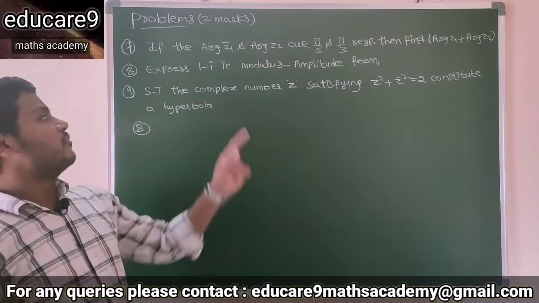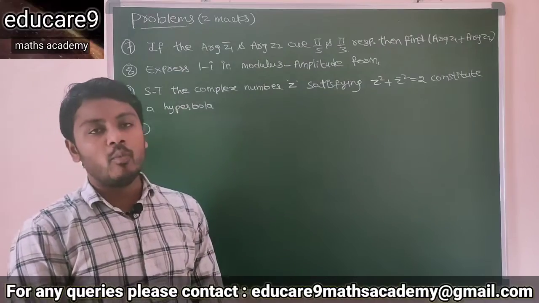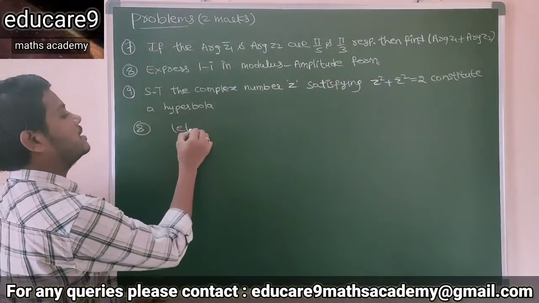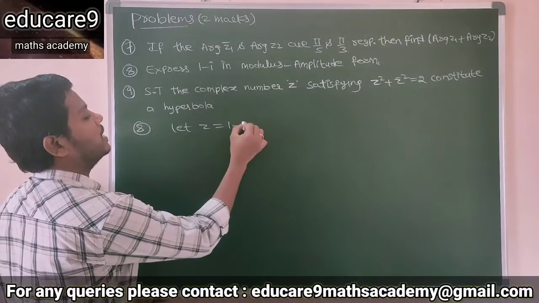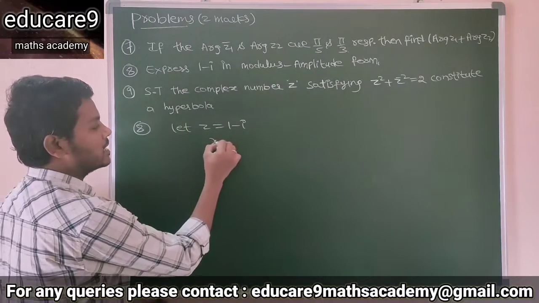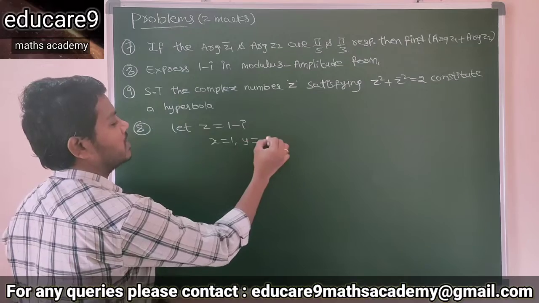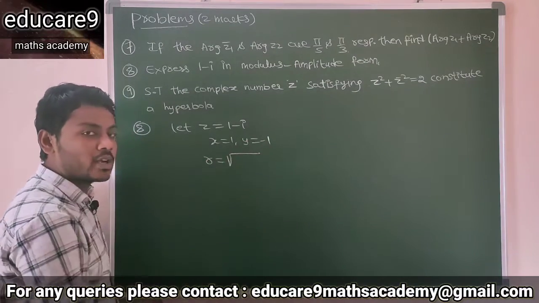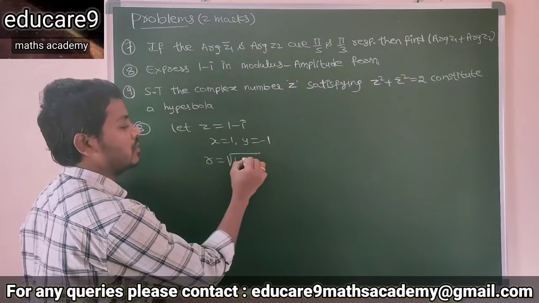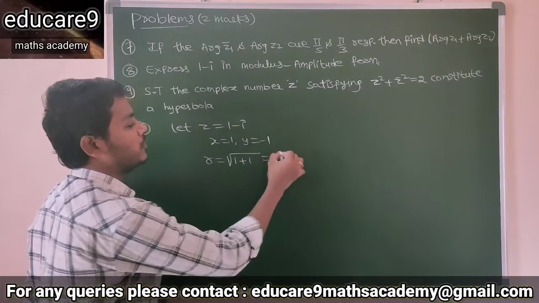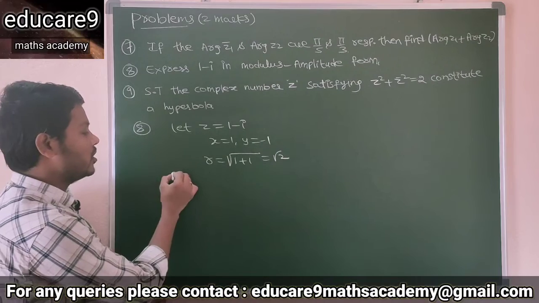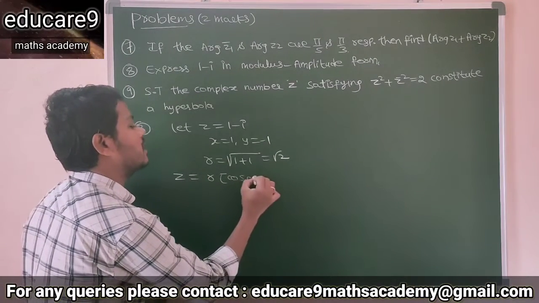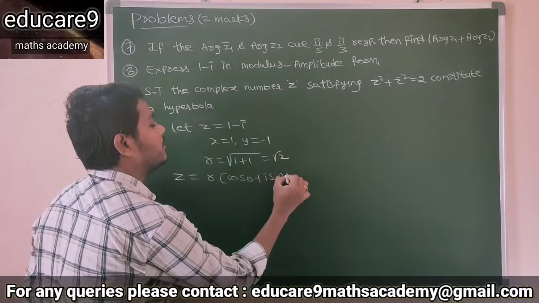So express 1 minus i in modulus amplitude form. So see here, let z is equal to 1 minus i. So clearly x is equal to 1, y is equal to minus 1. So therefore r is equal to square root of x square plus y square, that is root 2. So you know that z is equal to r times cos theta plus i sin theta.